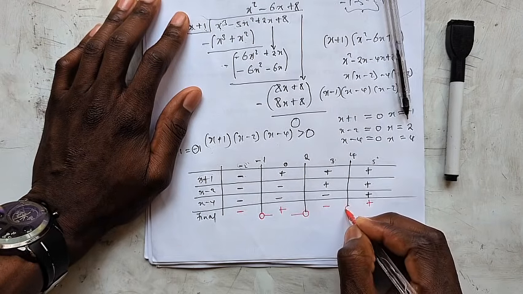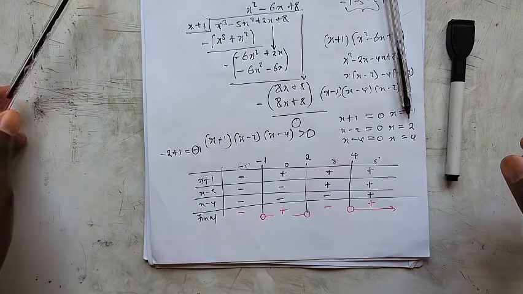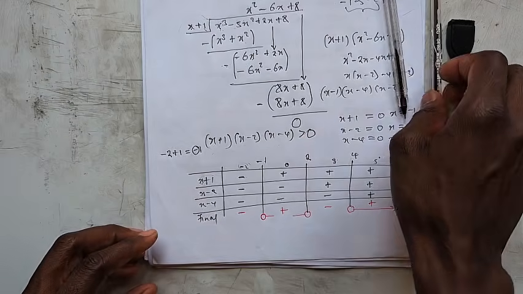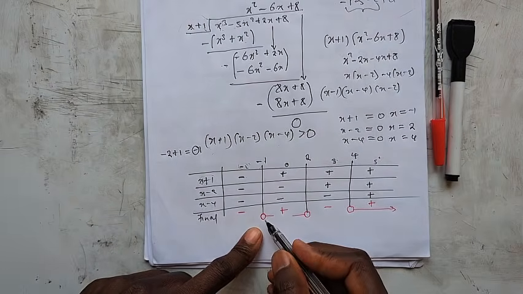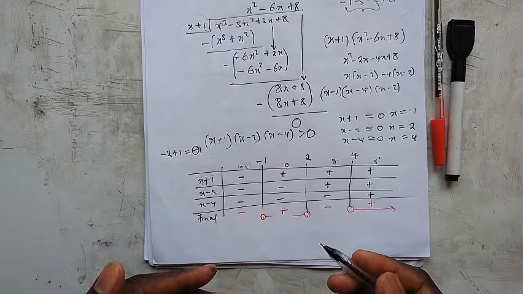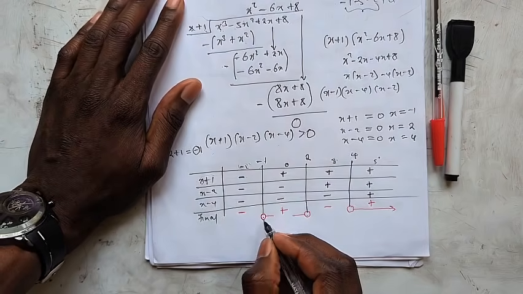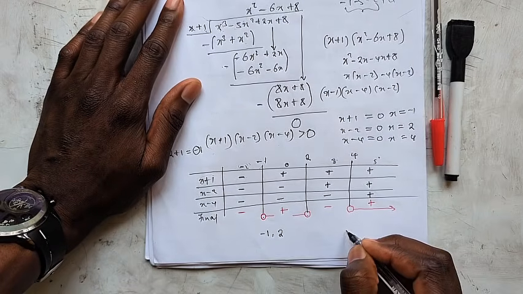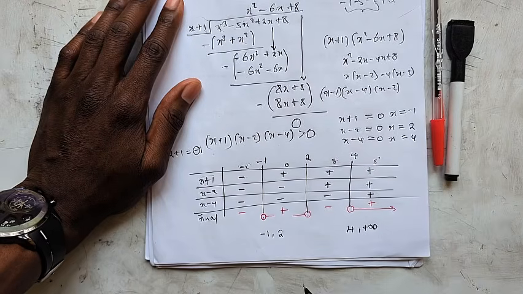Then here it is starting from this number going to the right hand side where we don't know exactly. So since we have this type of a symbol, we expect not to shade these circles. If these circles are not shaded, we expect the type of brackets to be open intervals only. So here we are going to have -1, 2, then there we are going to have 4 all the way up to positive infinity.